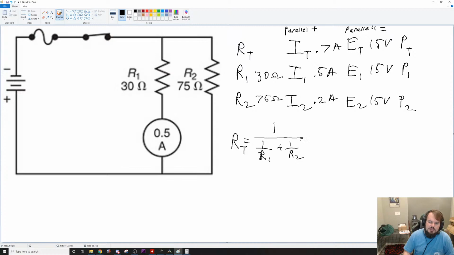There's an easier way to put this in your calculator. You open parentheses, R1, then you use the x to the negative 1 button, plus R2, x to the negative 1 button, and then give one more x to the negative 1 button.